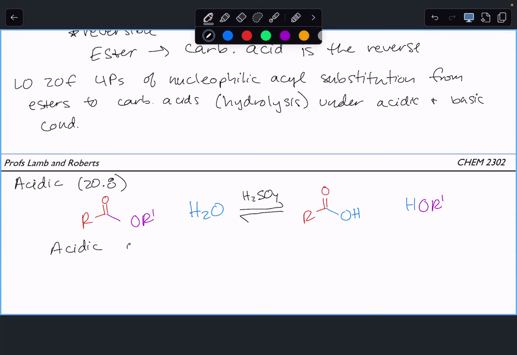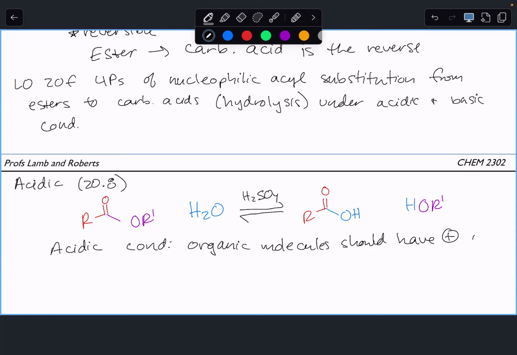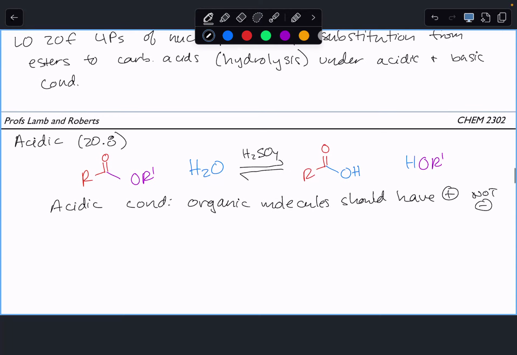So again, we're under acidic conditions. When we're under these strongly acidic conditions, our organic molecules should have positive charges, not negative charges. Similar to the anhydride case, we are just going to do the proton transfers such that we never have negative charges.